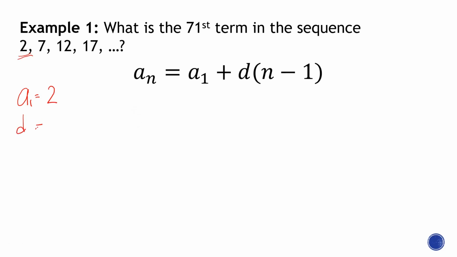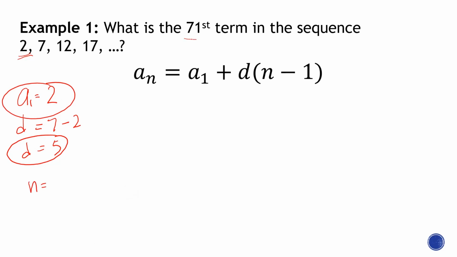Our d, which is the common difference, that is the second minus the first, which is equal to 5. So we have d and we have a_1, the first term. Next is n, which is 71. Now that we know all these three variables, we just need to plug them into the formula.